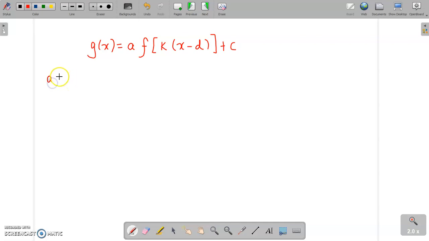If your a is greater than 1 or your a is less than -1, we would say that it's a vertical stretch by a factor of a.